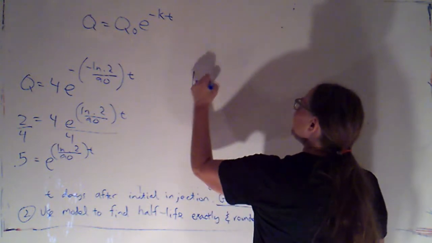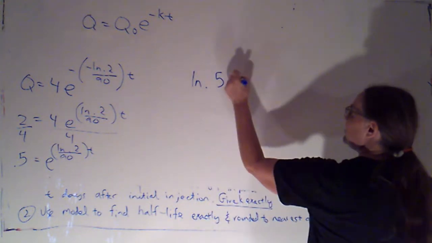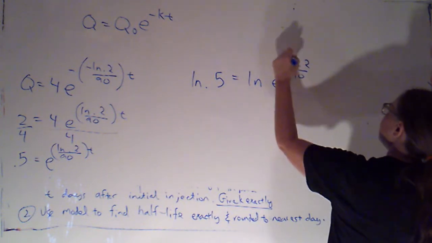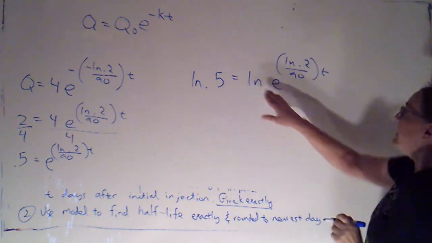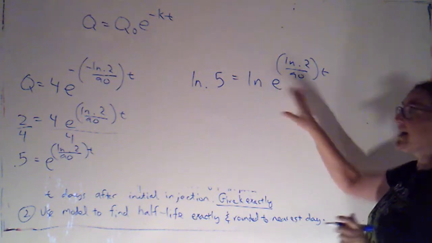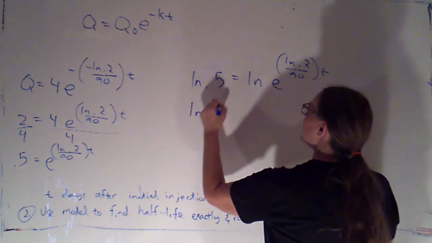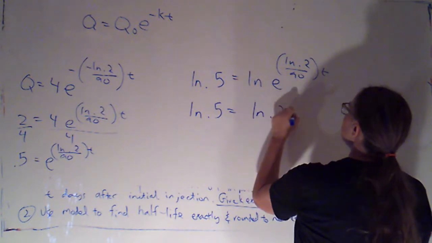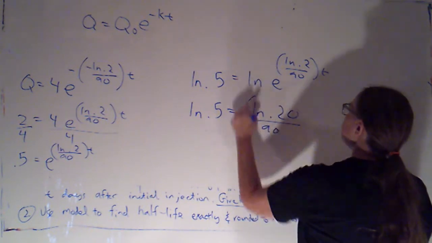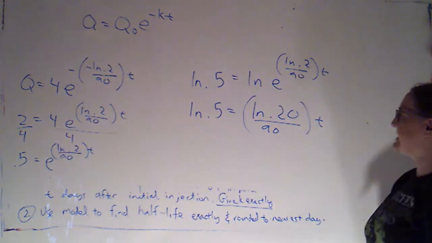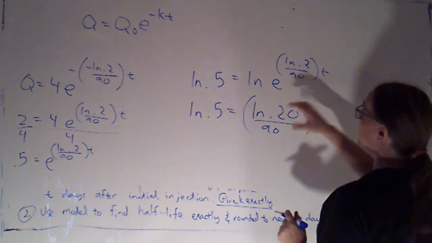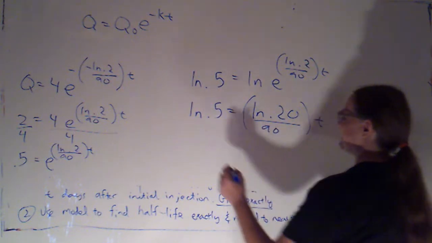So natural log of 0.5 is equal to the natural log of e to the natural log of 0.2 over 90 times t. The natural log undoes the exponential function, so the natural log of 0.5 is equal to the natural log of 0.2 divided by 90 times t. I want to solve for t, so I'm just going to multiply both sides by the reciprocal.